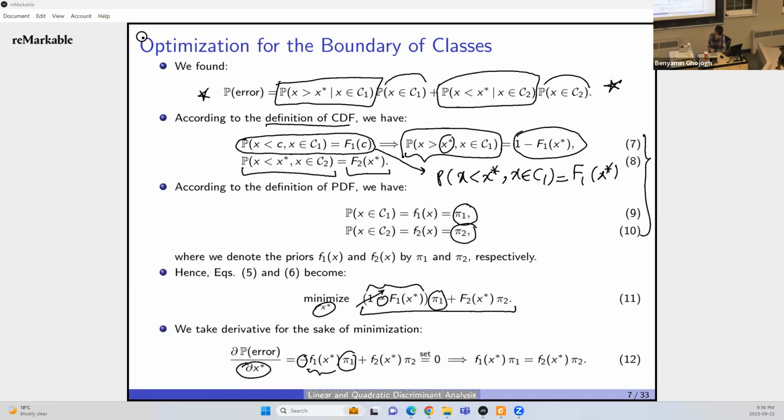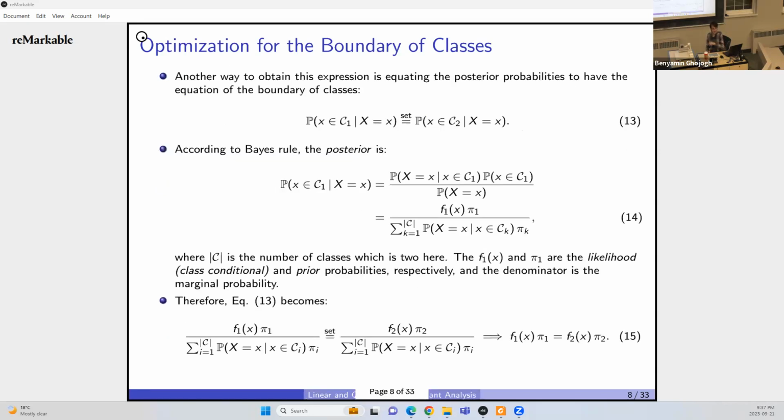So the PDF of x at the point X star. What about this? The derivative of capital F2 becomes small f2, the PDF, with pi 2. Now set it to 0. High school. First order optimality condition. Rearrange the terms, you will get this. Right?